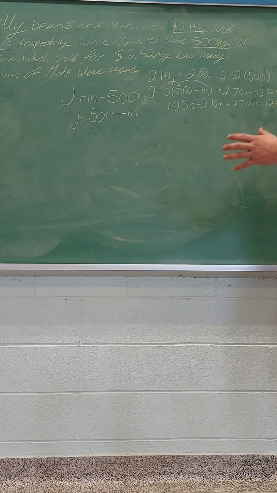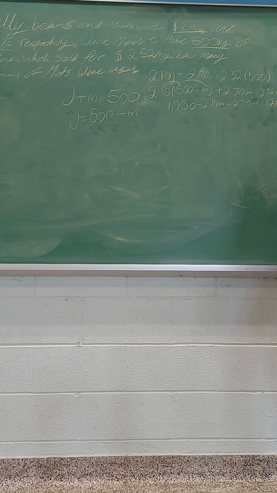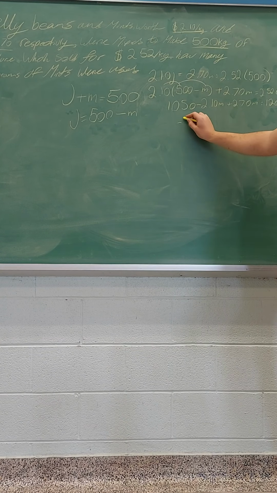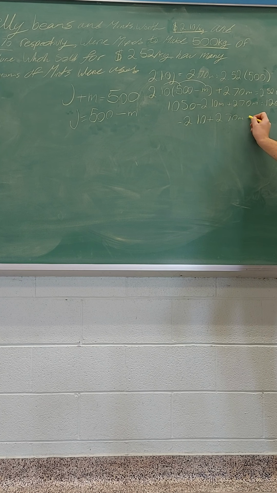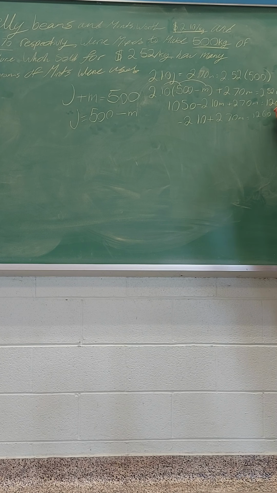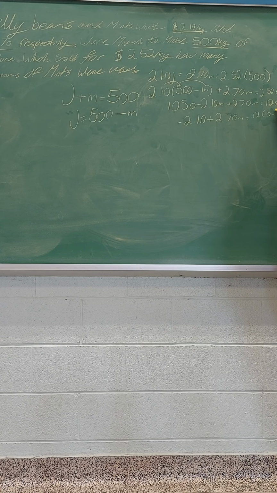So you have your numbers there. Now we have to rearrange. We'll say minus 2.10M plus 2.70M equals 1,260 minus 1,050.